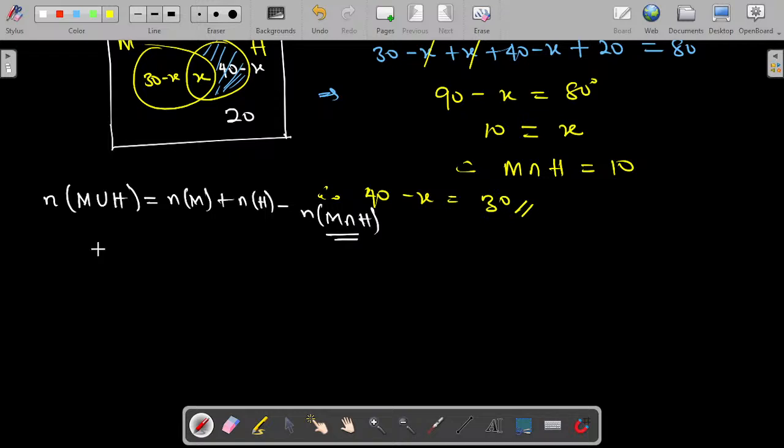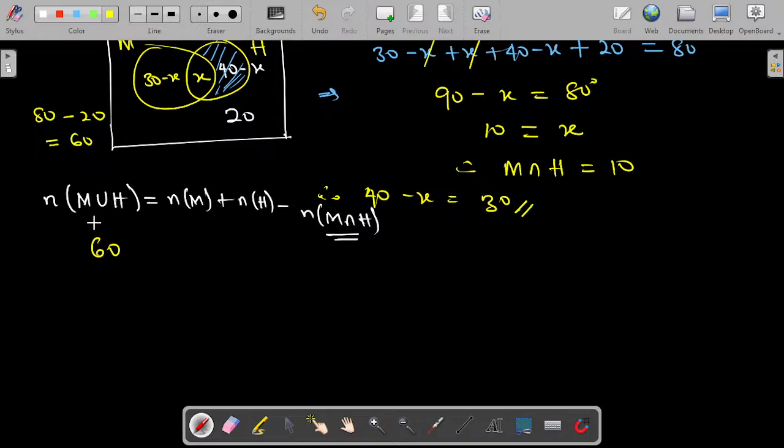Why is it 60? It is 60 because the total number of students is 80, and the number that did not offer any of the two is 20. So if you do 80 minus 20, you will get 60.